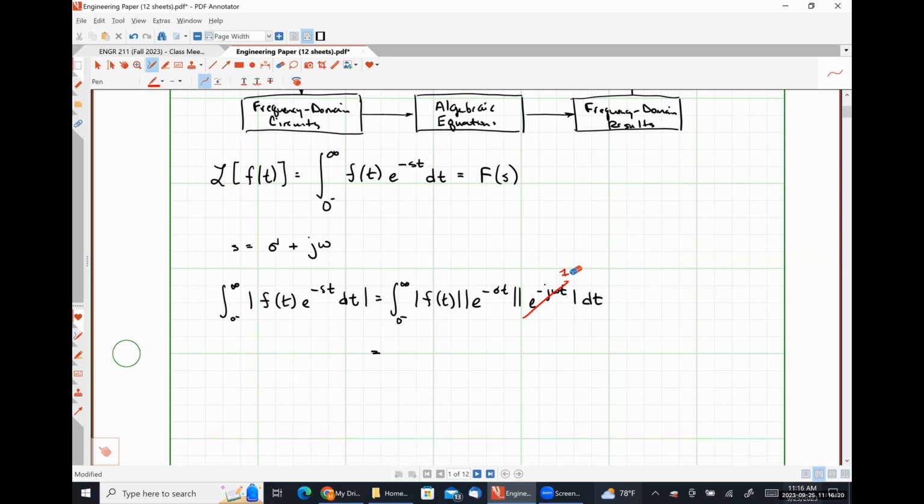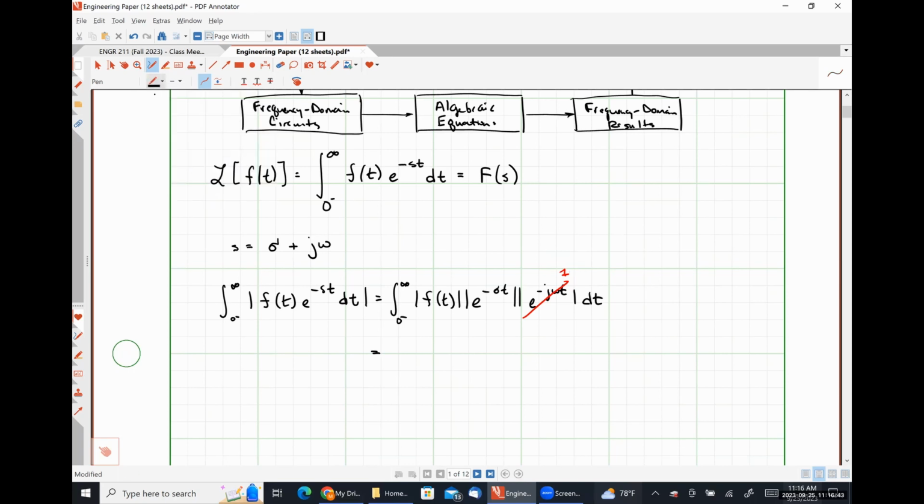What is the magnitude of e to the negative sigma t going to look like? Well, sigma has to be a real number because it's the real part of s. Is it possible for this to ever be negative? No. So it's just going to look like e to the negative sigma t.